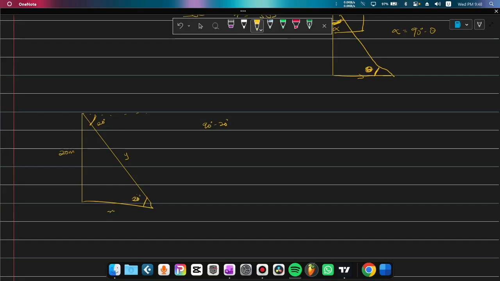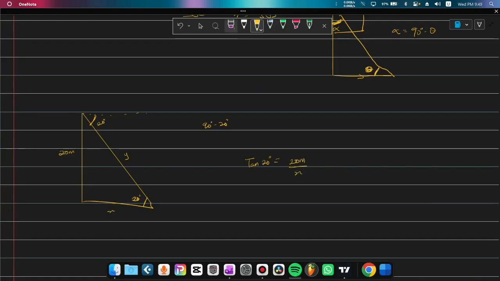I can start solving because I know how to solve the sides of a triangle if I've been given the right amount of information. So if I want to find x and y from here, I could say 20 is the opposite, x is the adjacent. I could say tan of 20 is equal to 20 meters over x.